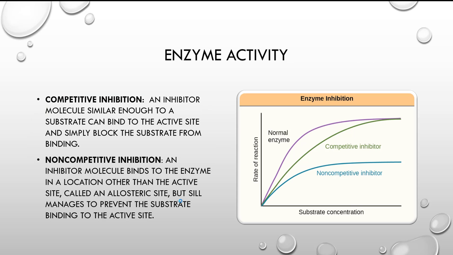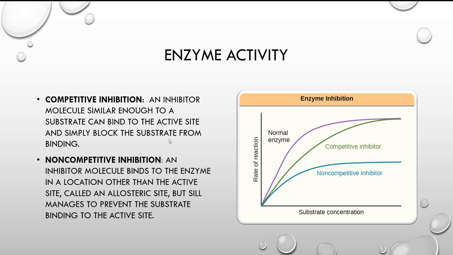The video also talked about how we can decrease enzyme activity through competitive inhibition and non-competitive inhibition. In competitive inhibition, we can have a molecule actually bind to the active site. If a molecule is binding to the active site, then the substrate that's supposed to bind to it can't bind to it.